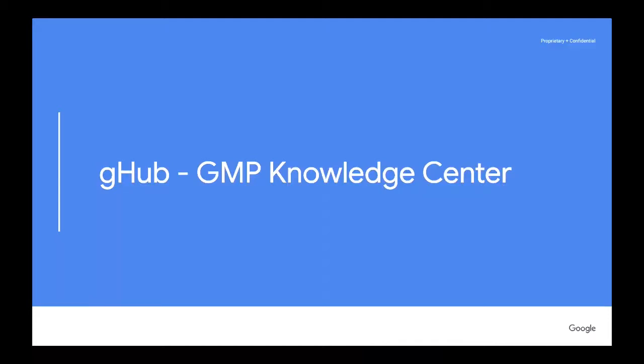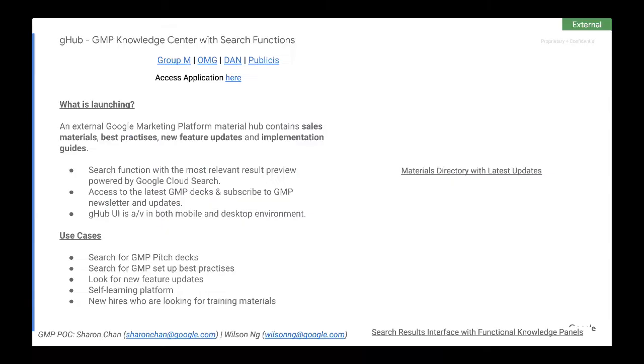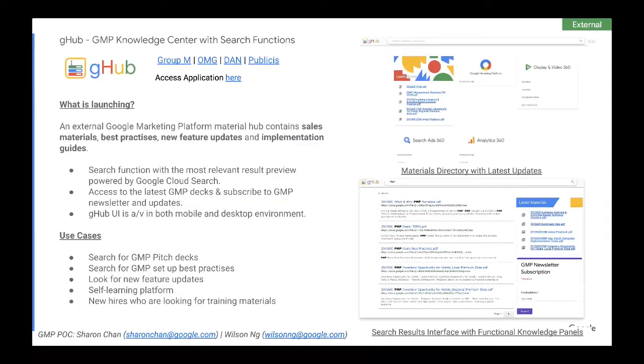Yeah, and finally, I would like to introduce our G Hub to you. That is our GMP Knowledge Center. If you would like to access this G Hub, you can contact us or contact your Google rep. We'll upload all of the sales materials, best practices, new feature updates, and implementation guidelines related to our Google Marketing Platform on this G Hub.